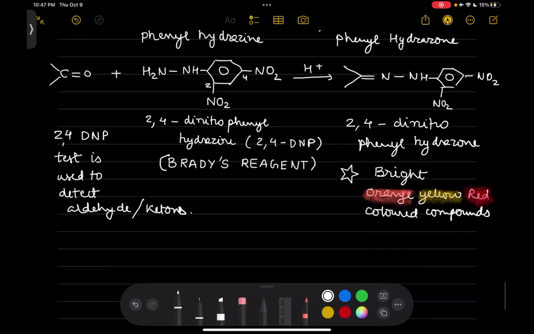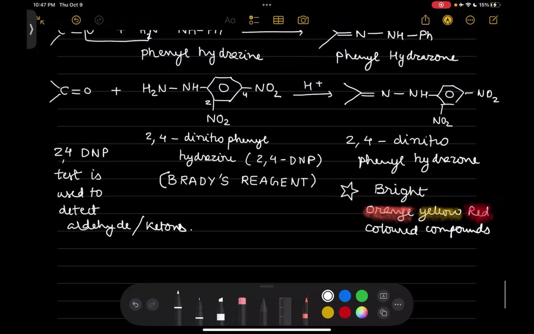So this is a very famous test. Immediately you are going to make out whether the reaction has taken place or not. But the problem is that you cannot make out whether it is an aldehyde or a ketone. All aldehydes and ketones give this test.